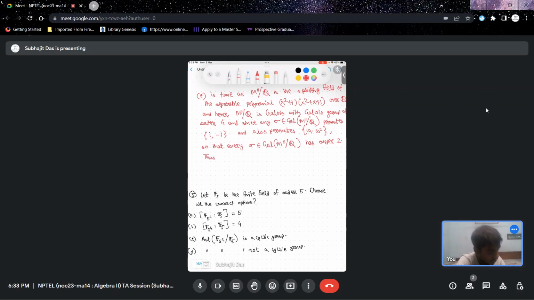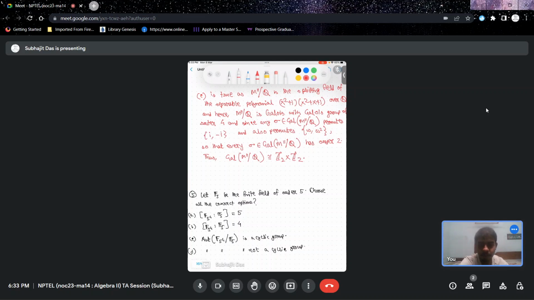Thus the Galois group of M double prime over Q has to be isomorphic to Z2 cross Z2. It can't be Z4. There is no element of order 4 in the Galois group.